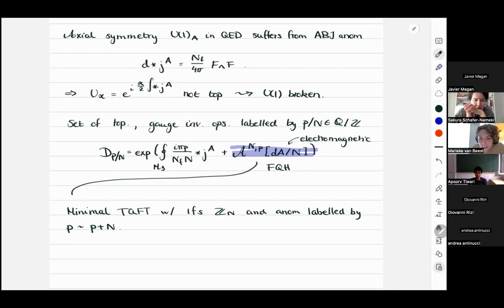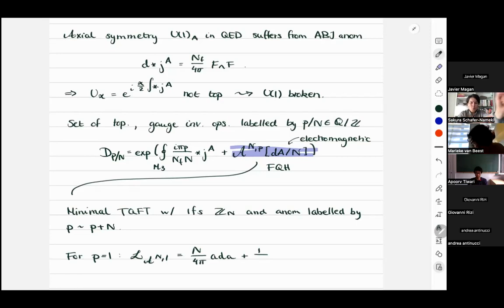I'm just going to quickly write down that for p equals 1, you can write down the Lagrangian for these. It's just a Chern-Simons theory, but it's nice and easy to do in this case, so that everybody can see there's nothing particularly weird or exotic about this theory.